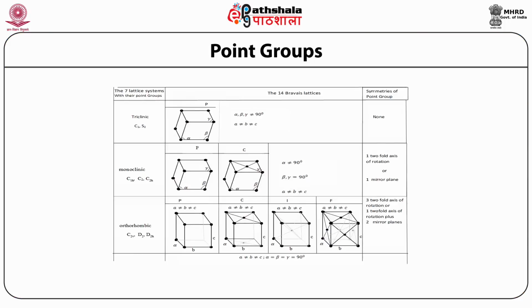These are all shown in the slides, which you can see. So, to summarize, we thus have in 3 dimensions 7 lattice systems and 14 Bravais lattices.